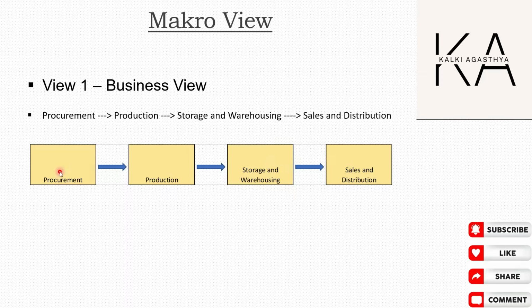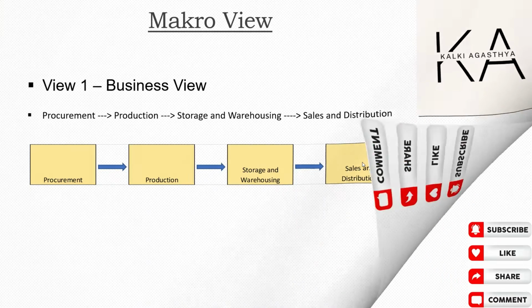Which simply means you procure the raw material, you produce it, then you store it, and then finally you sell it. So for now, let's consider only these 4 as major areas, and we'll deep dive in the micro view or in the upcoming sessions, right? Now we understood the first view, that is procurement, production, storage and warehousing.